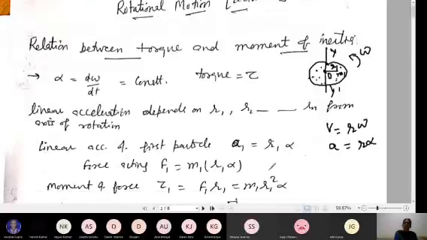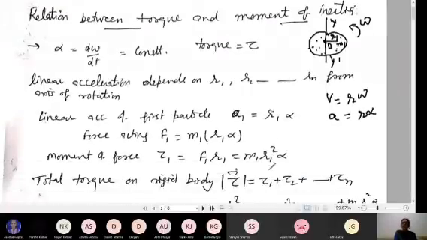When we want to find the torque, its maximum value, when phi equals 90 degrees, is given by F r. Again, for the magnitude of the torque on the first particle, torque is F1 r1. If I put the value of F1, which is m1 r1 alpha, I can write it as m1 r1 square into alpha. This is the torque produced on the first particle.